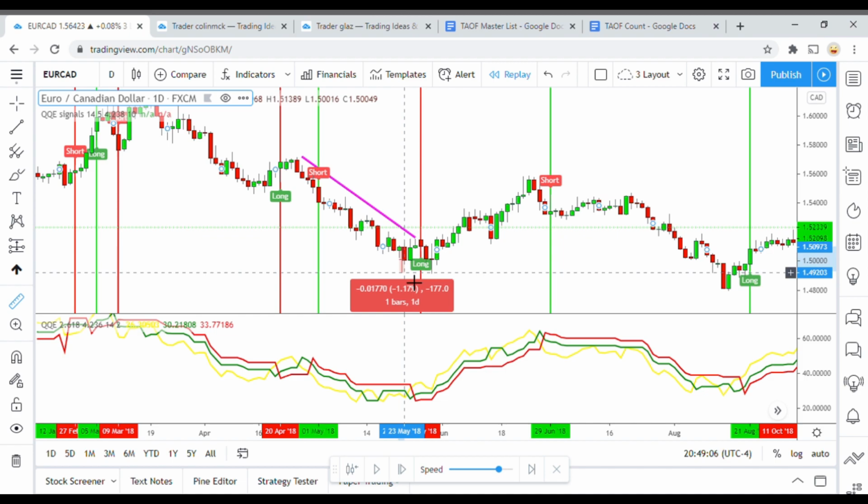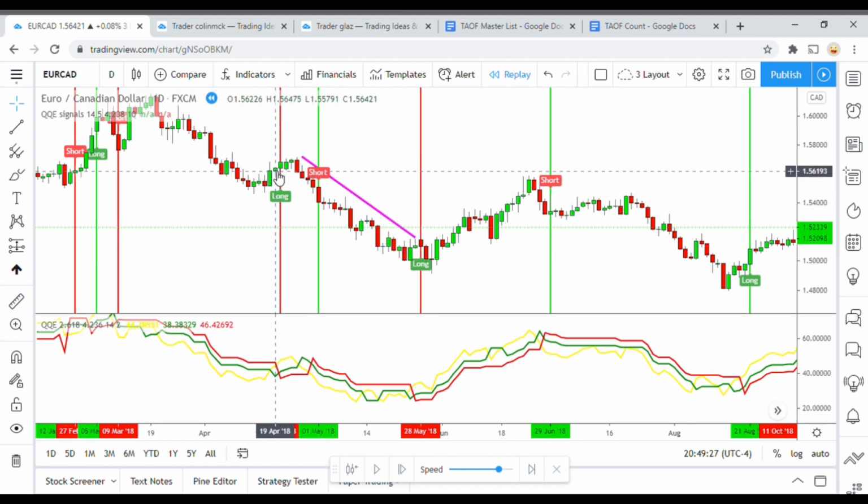I mean, yeah, it's 177 pips. The euro Canadian dollar moves a lot, and so 177 pips seems like a lot, but it's not that much. And so that wouldn't be a horrible exit indicator on this backside.